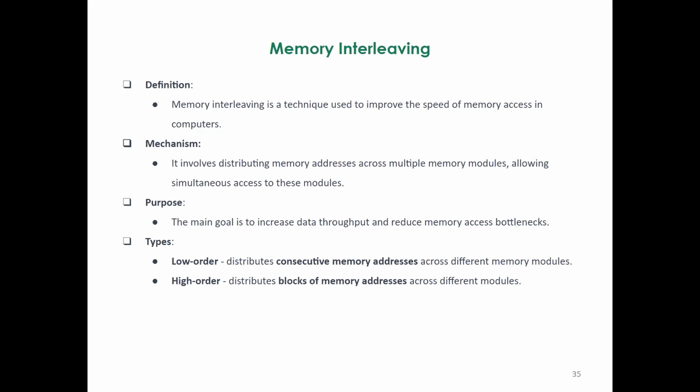So if you have an array, for example, of size 10 bytes or 10 words, then the first word will be sitting on the first module. The second one is sitting on the second module. The third one on the third module, and depending on the number of modules you have, the addresses will be interleaved across those modules.